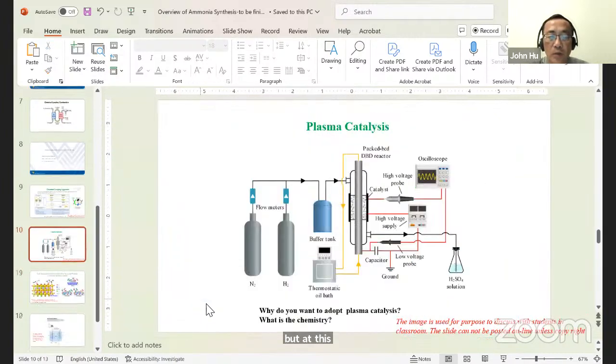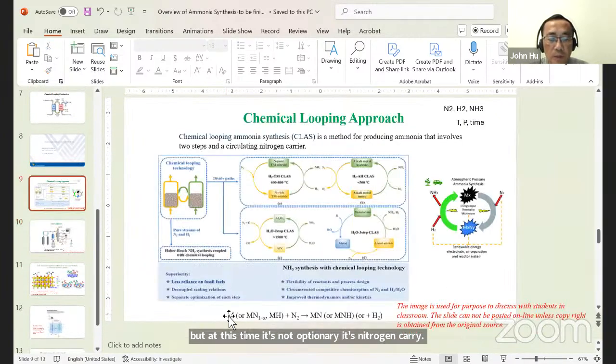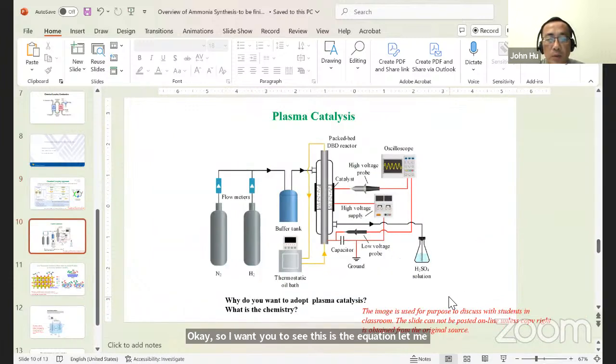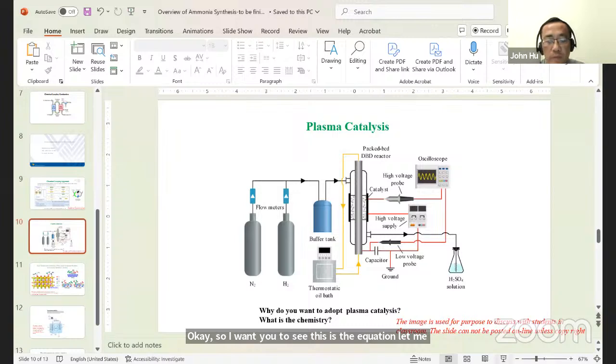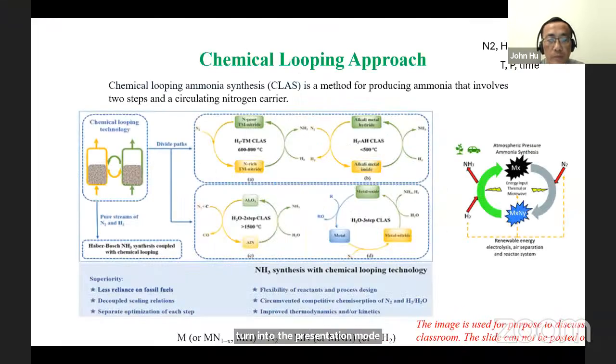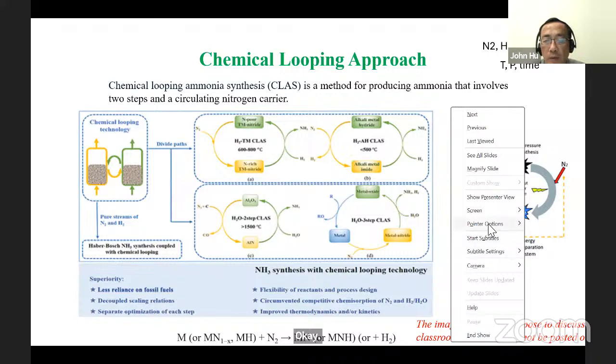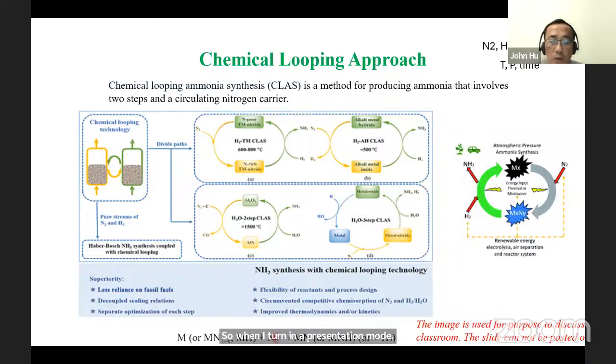I want you to see this equation. Let me turn into the presentation mode. So essentially, you have the metal, and it reacts with nitrogen to form the metal nitride.